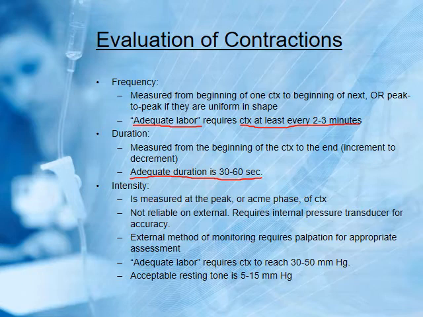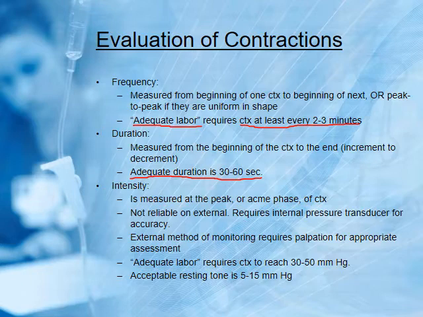The intensity is measured at the peak or acme phase of the contraction, and it is not reliable on the external because of all the variables between, the mom's subcutaneous tissue, body fat, etc. In order to properly evaluate intensity, you have to have an internal pressure transducer on, and that's put in by the provider, and I'll explain that in a minute.